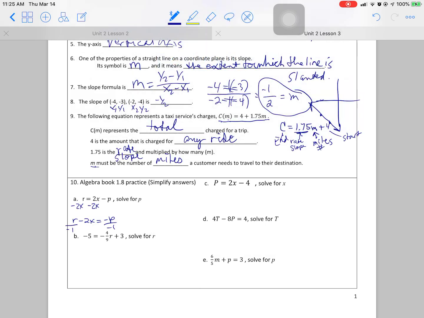Let's divide this by negative 1 and this by negative 1, okay? That is a 1R. So a 1 divided by a negative 1 is a negative 1, so negative R. A negative 2 divided by a negative 1 is a positive 2x equals P. That's a better way to go. I like that better. Okay, we need to start doing that.